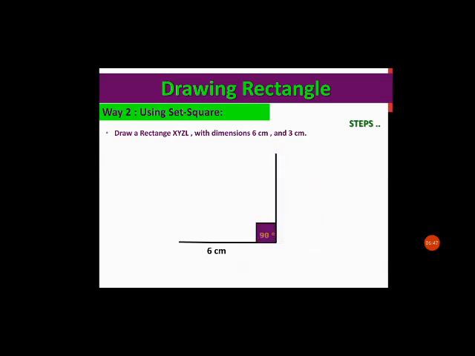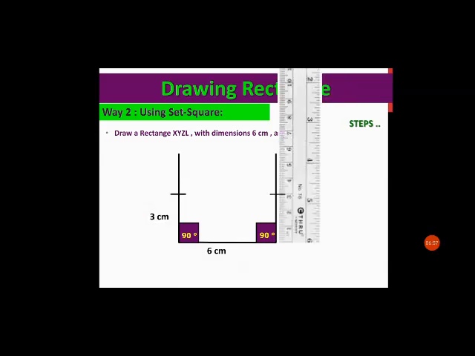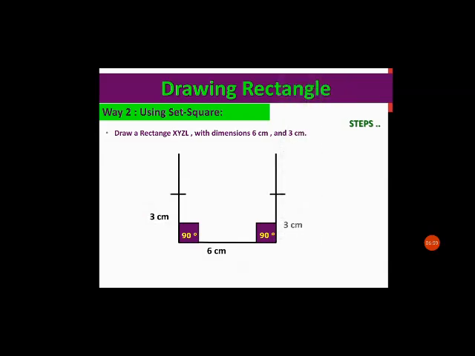Do the same with the other side, and then hold your ruler to measure 3 centimeter, and do the same with the other side, 3 centimeter. Connect the two dashes, and if your drawing is accurate, it should be exactly 6 centimeter. X, Y, Z, L.